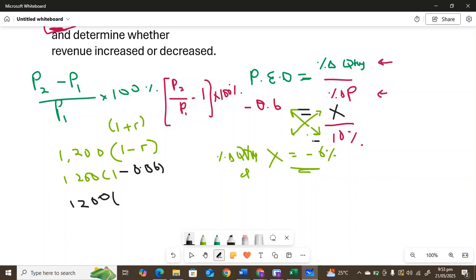It's 6%, madam, 6 divided by 100. If you want, you can get 6% of 1,200, whatever value that is, then subtract it from 1,200. You can do it that way, or you can use this method.